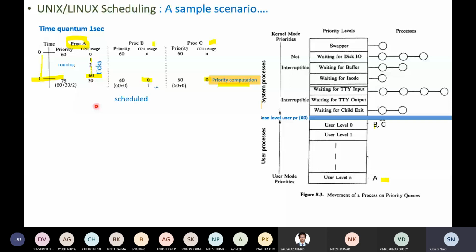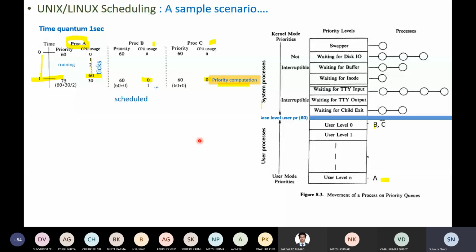Again 60 plus 30 by 2, 60 plus 0, 60 plus 0, so their values become 75, 60, 60. What does that mean? The higher the value, the lower the level. So 75 is somewhere down here, because 60 is here. B and C having 60 will have the same level.